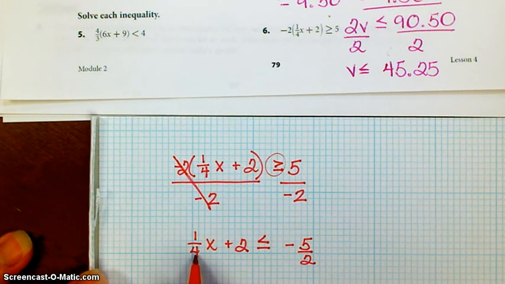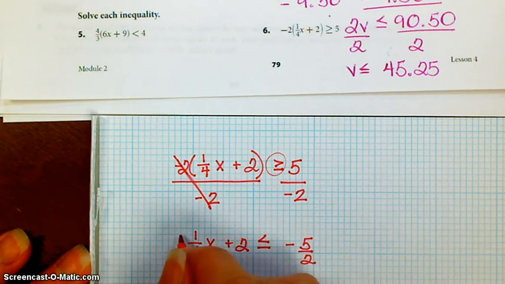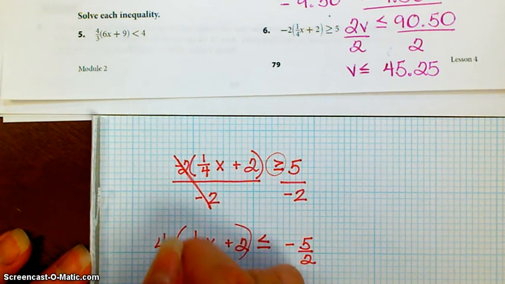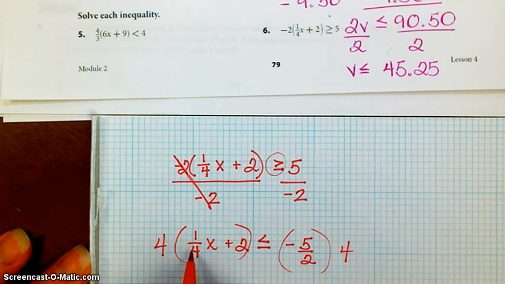I have a 1/4 here. Because I don't like dealing with fractions, I'm going to take everything, as long as I do it to everything, I'm okay, and multiply it by 4. So everything on this side multiplied by 4, everything on this side multiplied by 4. 4 times a fourth is just 1, so now I have 1x, so I'm just going to say x.